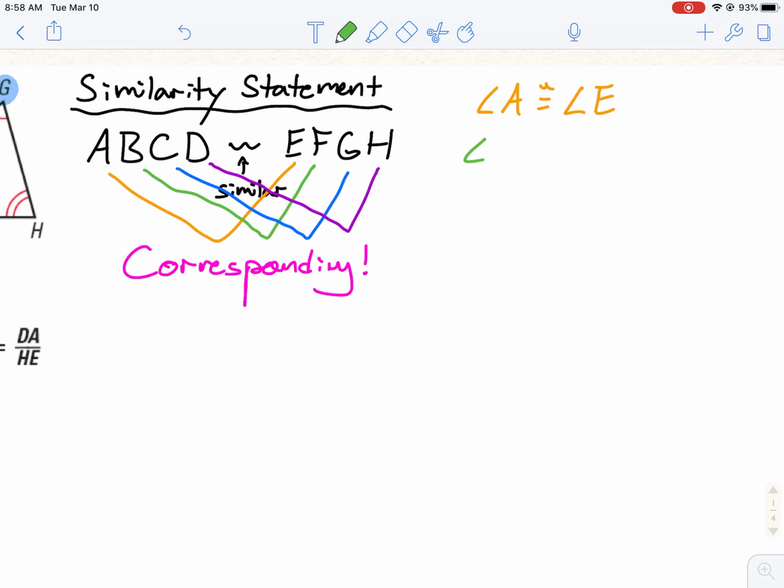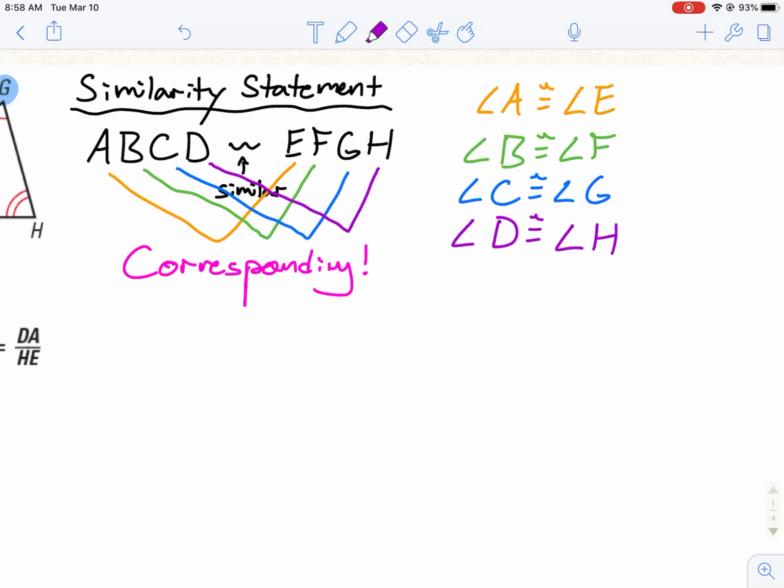And then I can also say that angle B is congruent to angle F, angle C is congruent to angle G, and finally, angle D is congruent to angle H. Notice my similarity statement goes in order here, ABCD, EFGH. So there's an easy way to go through.